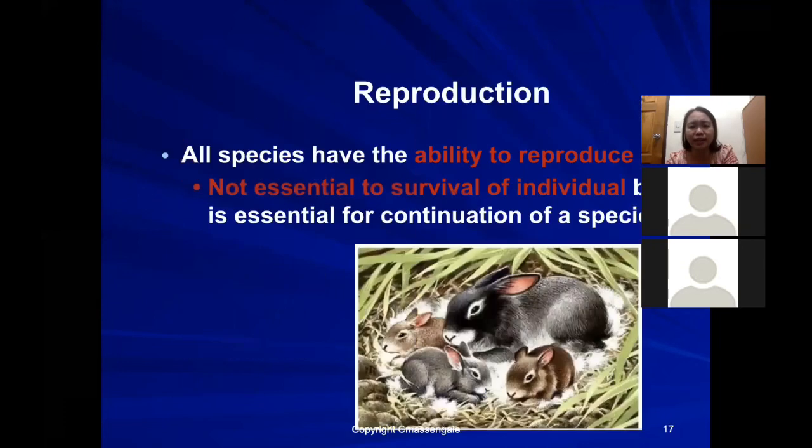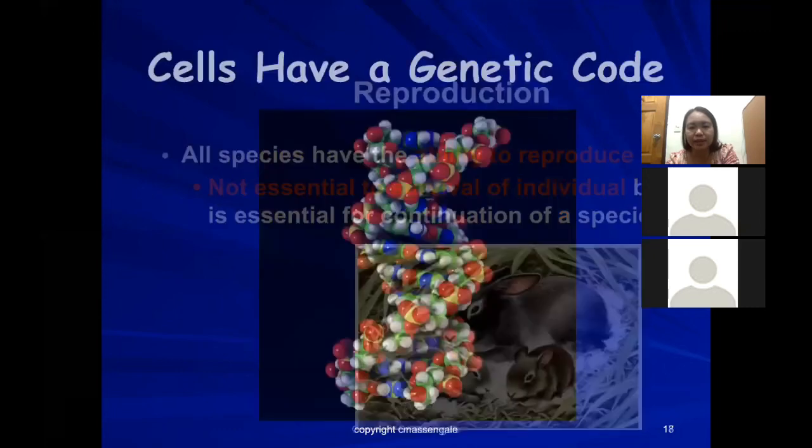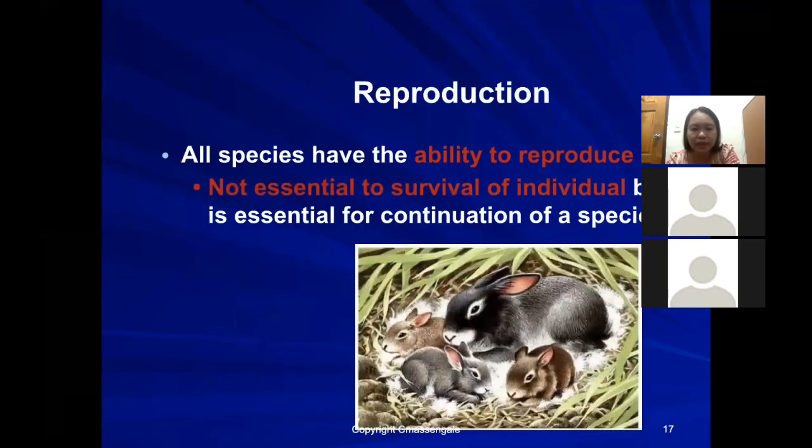There are many types like that. This mangosteen is just an example of apomixis. We call it apomictic.